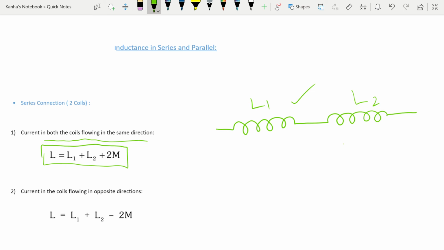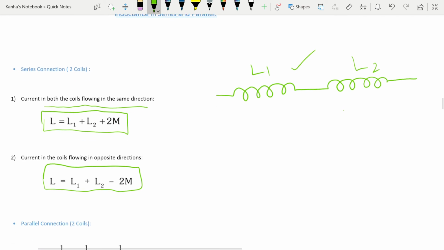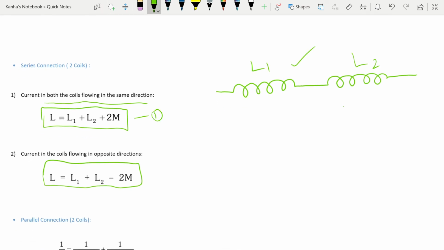However, if the current is flowing in the opposite direction, then although L1 and L2 will still add up, you need to subtract the mutual inductance, twice that quantity. This is where they try to trick you in the paper, so you should definitely make a note of what happens when.